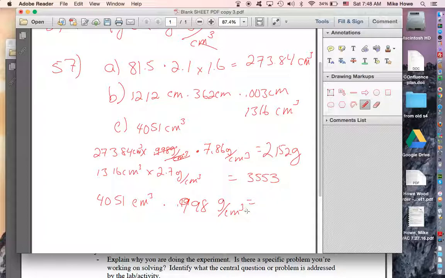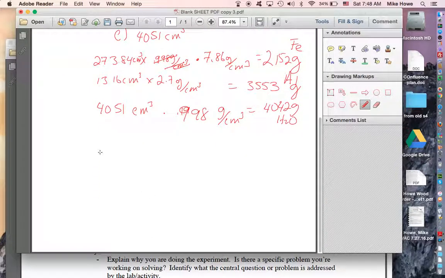And 4,051 times 0.998 is 4,042. So we're supposed to arrange them in terms of increasing mass, and it looks like they are arranged in order of increasing mass. So that would be the iron, then the aluminum, and then the water. And there you have 57.